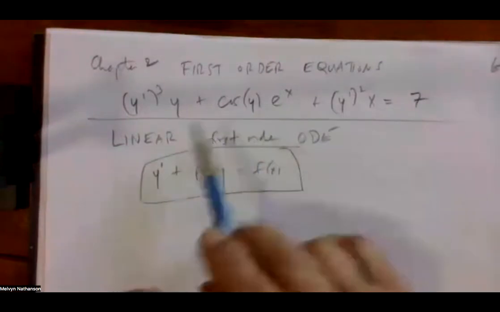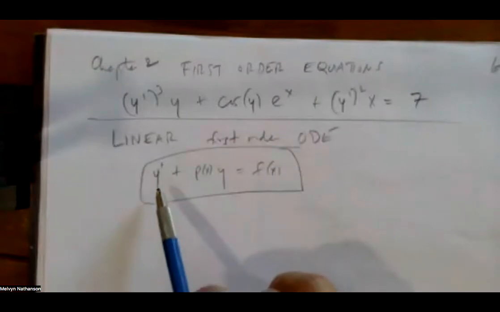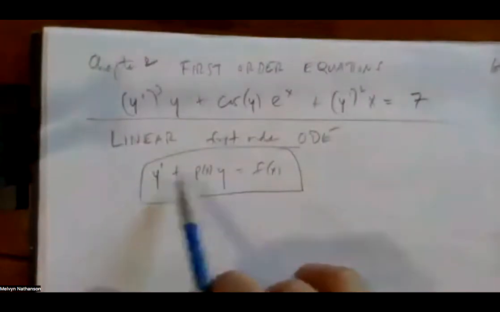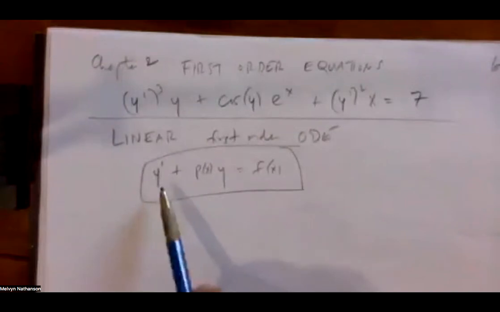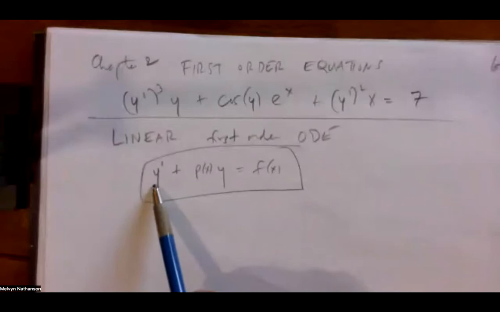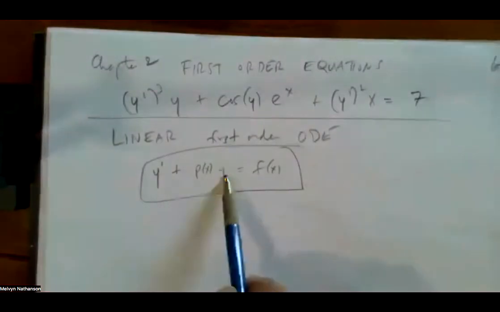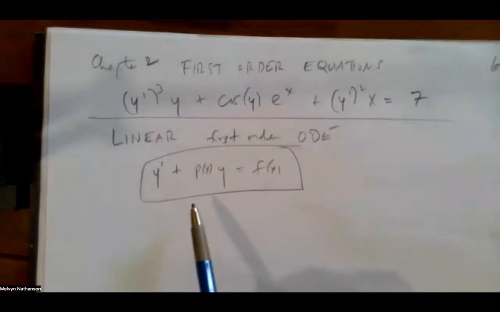So you don't have y or y prime occurring to a power. You just have y prime and y to the first power, and you also don't have them multiplied by each other. There's no y y prime term. It's y prime plus something times y. There's something as a function of x equals a function of x.